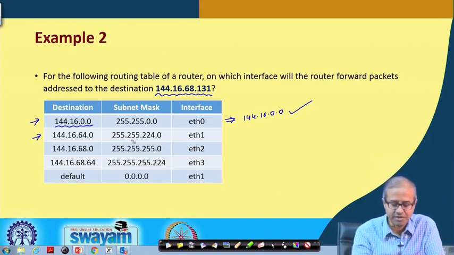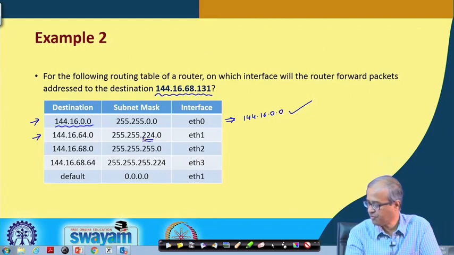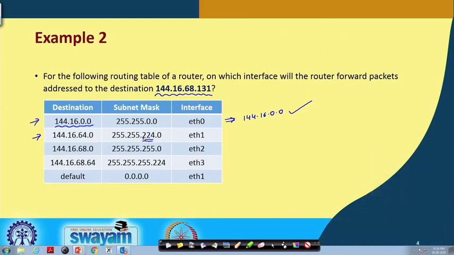Let us look at the second one. For the second one, you see the third byte of the mask is 224. Now, actually what is 224? 224 is nothing but 111 followed by 5 zeros. This is 224. So, you will be doing a bit by bit ANDing of 68 with 224.